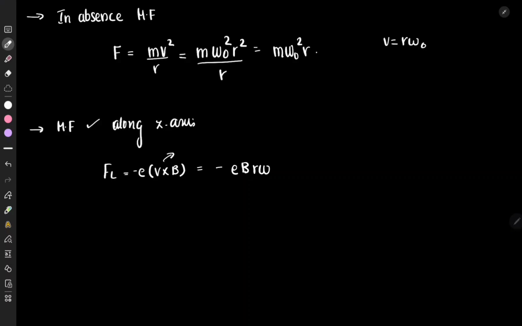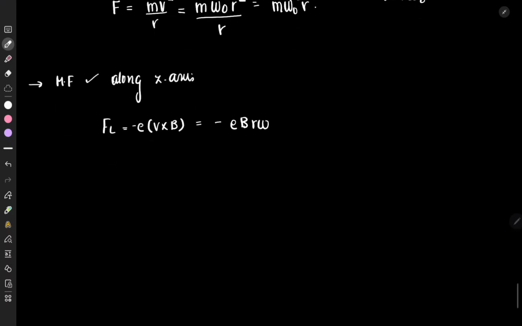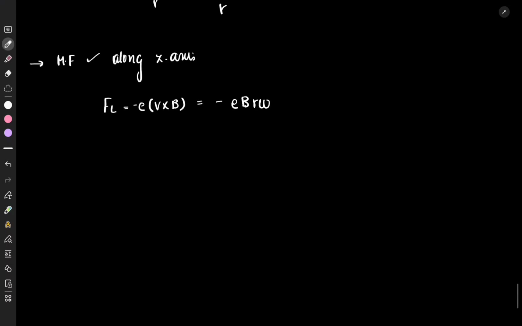As I said, v is nothing but r omega, you just have to substitute that. Now, because of the change in the net force on the electron, there will be a change in the angular frequency from omega naught to omega.